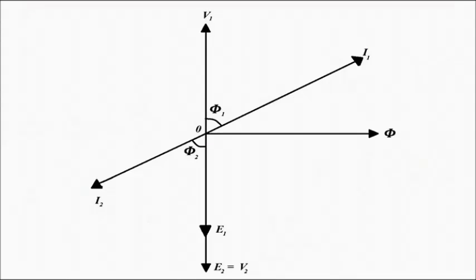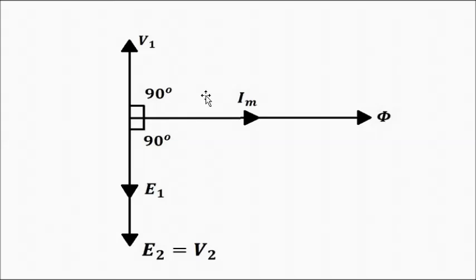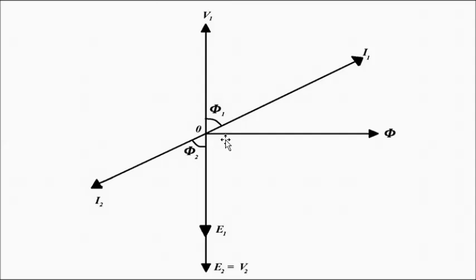All of this, V1, phi, E1, E2, V2, is the same as before. The only difference lies in the direction or position of the current vectors. E2 is equal to V2.